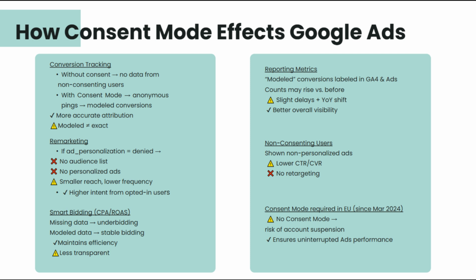Suppose you audit and find that your display campaign's CPA in the EU jumped by 20% because half the conversions are modeled and maybe not all are captured. You could respond by either A, increasing budget on better performing campaigns, B, adjusting bids or creative on that display campaign to improve engagement, or C, focusing on increasing consent, maybe showing a prompt like, enable relevant offers by accepting cookies.